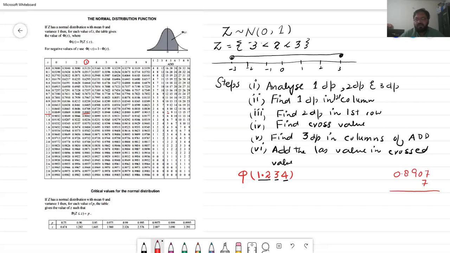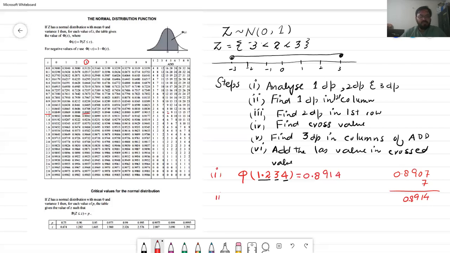Remember that you will not use the calculator. The answer of this term is 0.8914. Is it clear, beta? Any doubt? Yes, that's the first example.